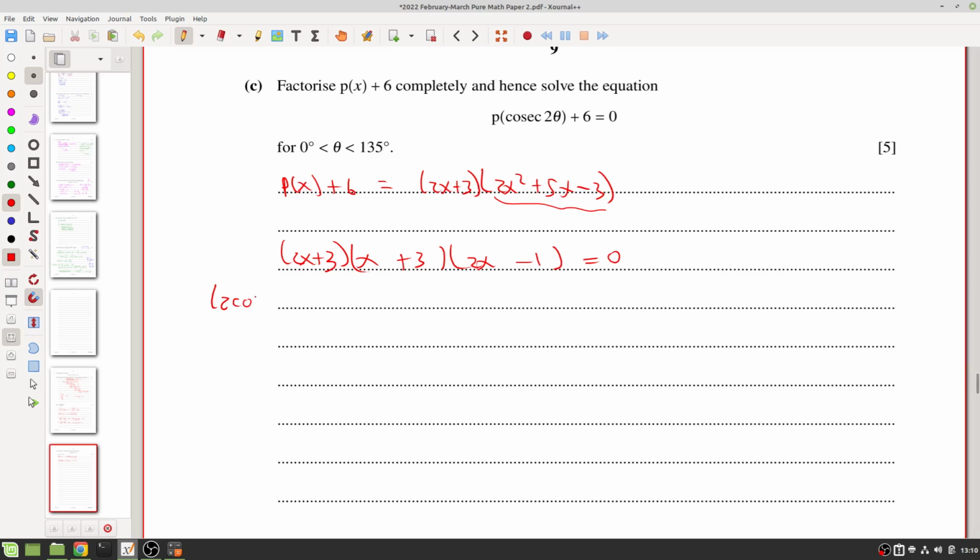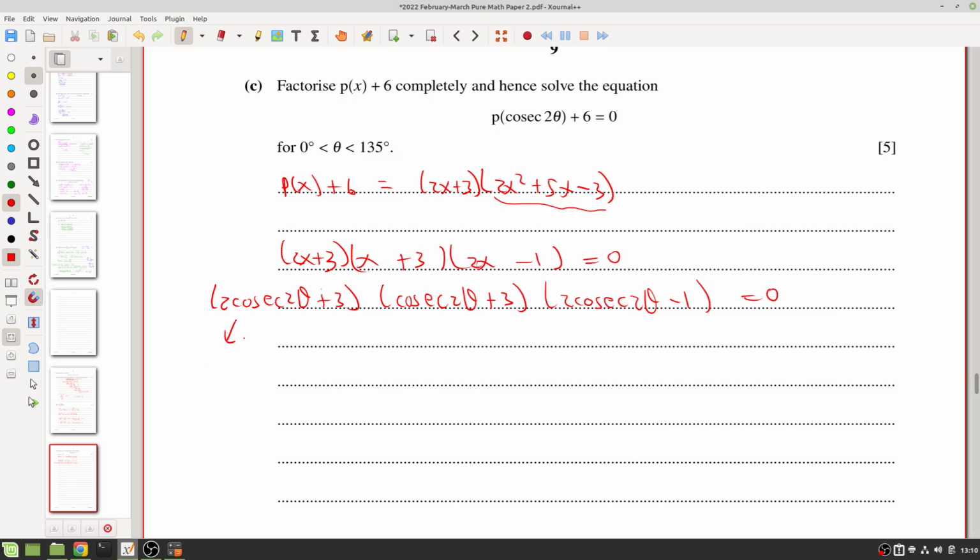So 2 cosec 2 theta plus 3. Okay, so that's from this first bracket, times cosec 2 theta plus 3, and 2 cosec 2 theta minus 1 equals 0.